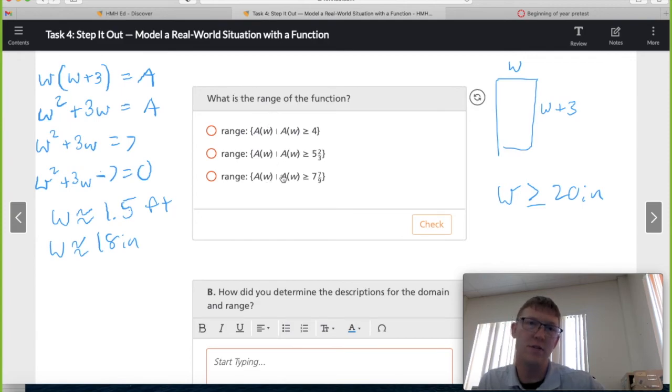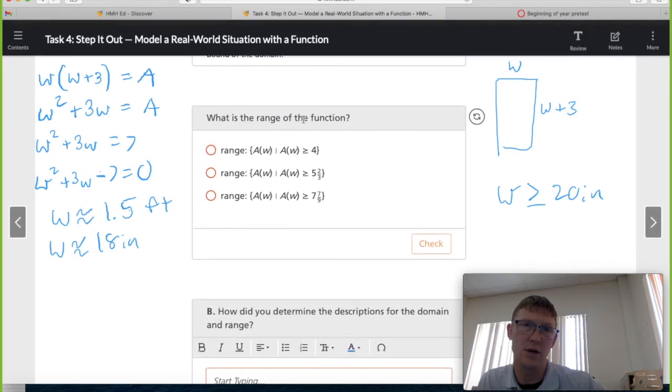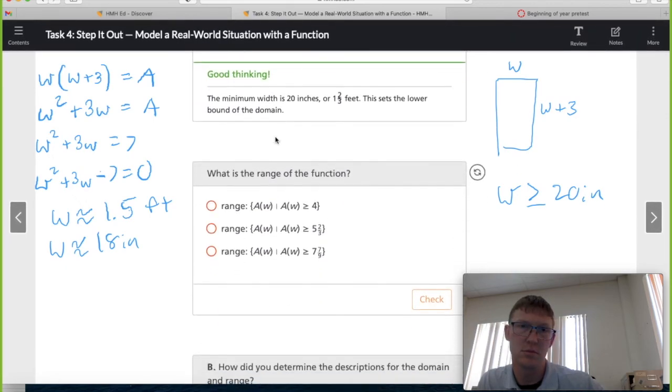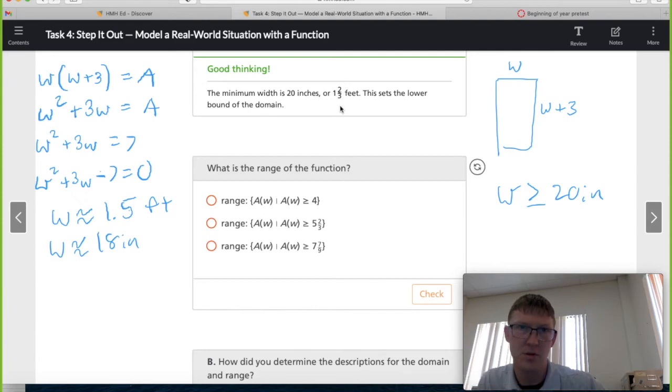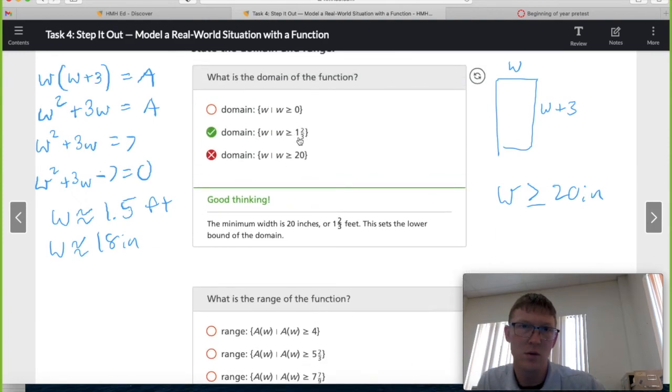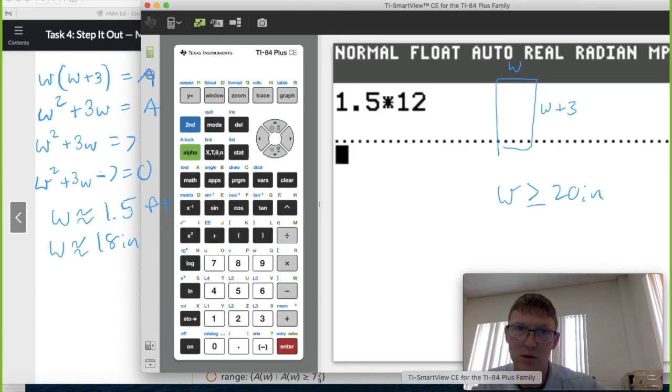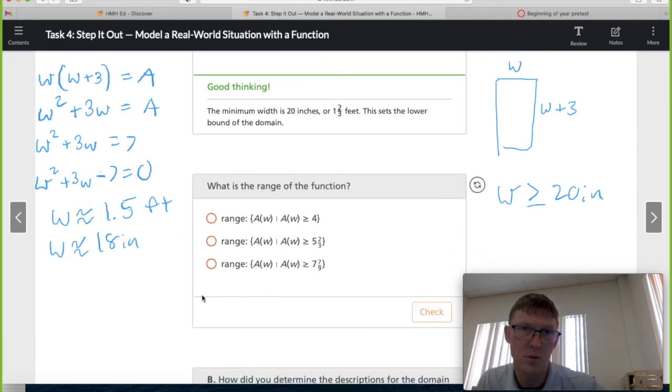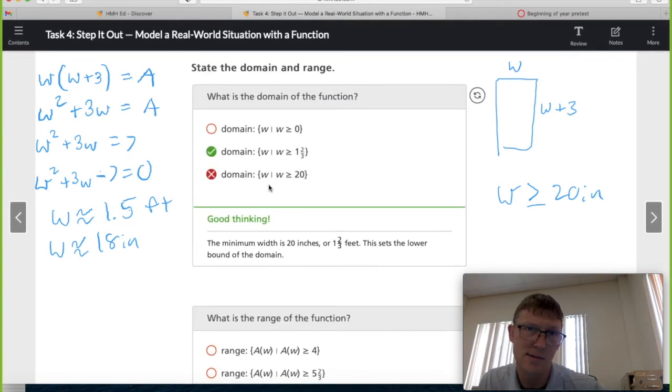What is the range of the function? Oh, that's a great question. So if W is 1.75 or 1 2/3, the range is going to be, so what I would do is I would plug it into this equation.